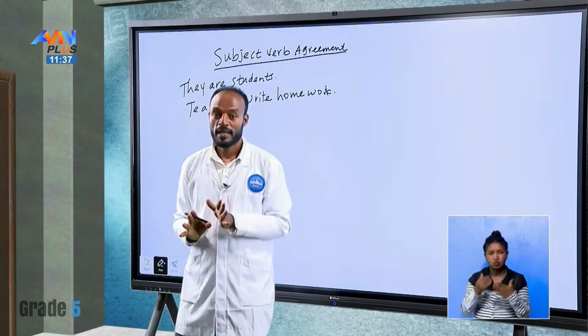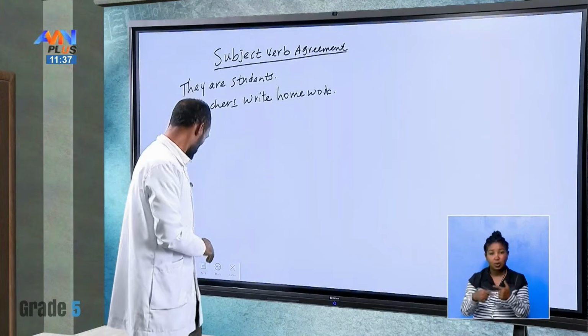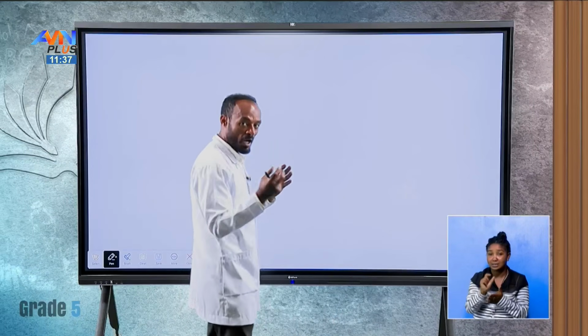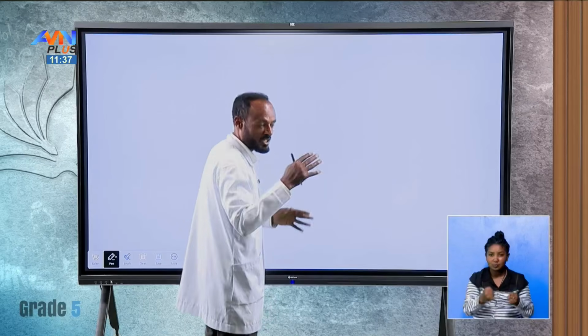Good students. Now, I'm going to give you an activity which should be done as well. Are you ready? Okay. Now I'm going to write some nouns here, then categorize them under countable and uncountable.